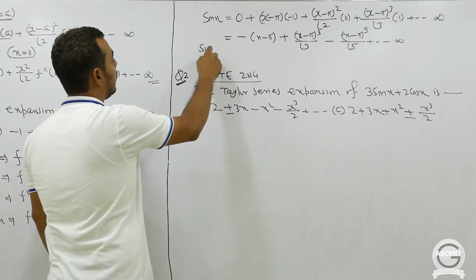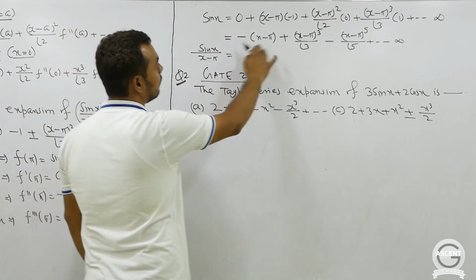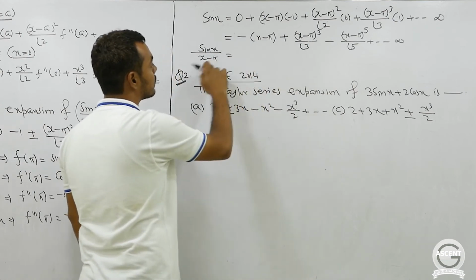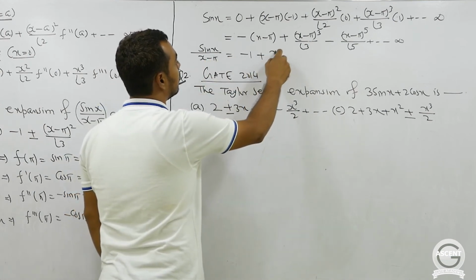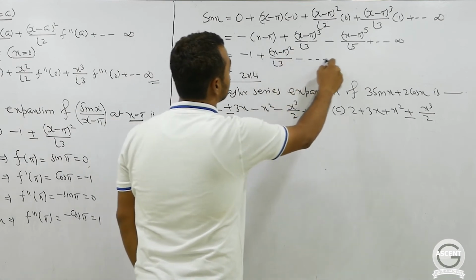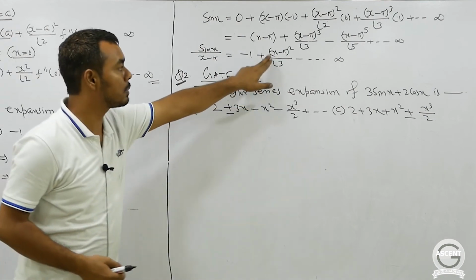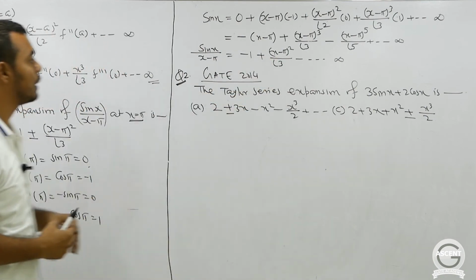So now sin x by x minus pi, if I divide each one of these terms by x minus pi, I will get minus 1, plus x minus pi square by 3 factorial, minus, up to infinity. Since in the options we have only up to x minus pi square, we are not writing the next term.